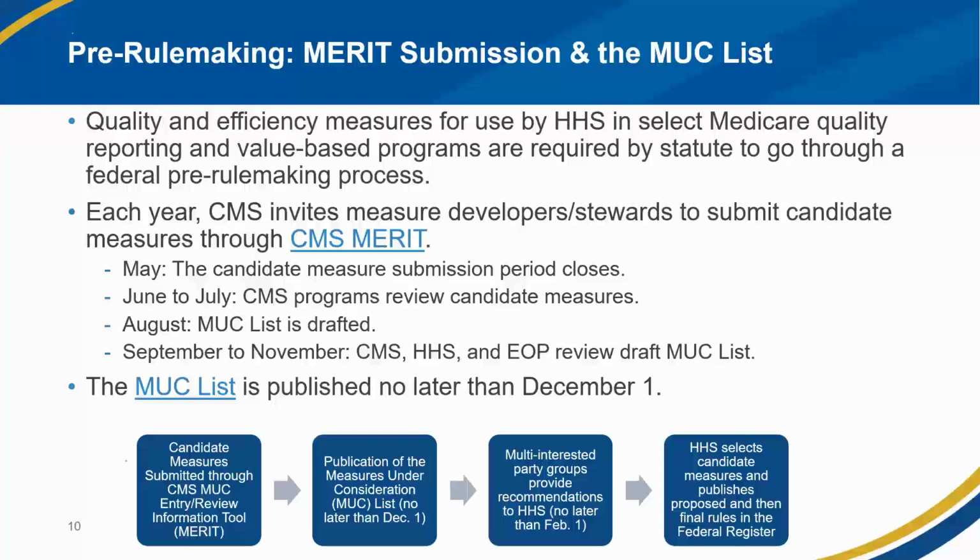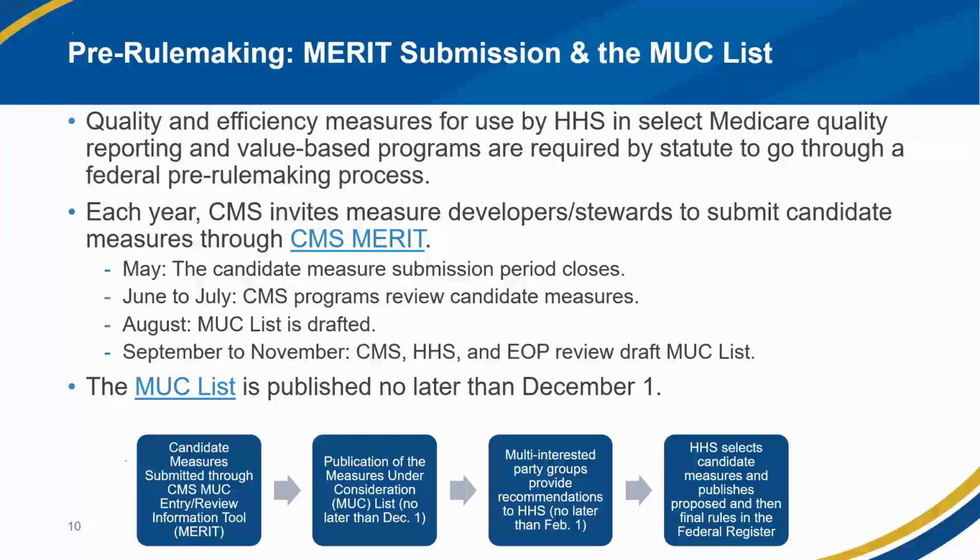Then our program and measure leads spend all of June and July considering each of the candidate measures individually to see if it could be a good fit for the program, if it fills a gap, et cetera.